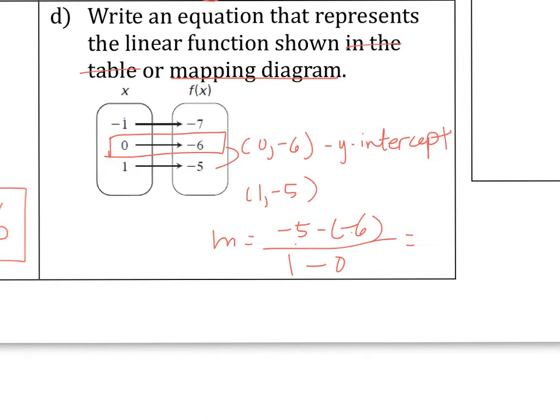Negative 5 plus 6 is positive 1. 1 over 1 is still 1. My equation of the line will be y equals x minus 6. So remember, if you have a slope of positive 1, you don't need to write it. And here's my y-intercept. That's why it's negative 6. So I'm going to go ahead and erase this one.